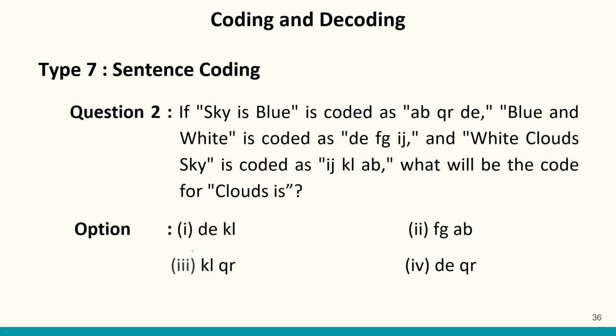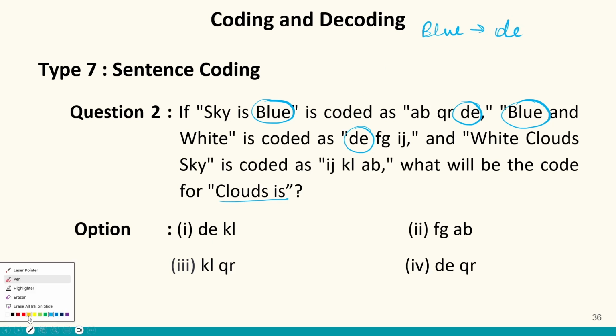Then over here, similarly, sky is blue is coded as this, blue and white is coded as this. We have to find the code for clouds is. So blue is the common word over here and here in these two sentences. This is ABQRDE and this is DEFGIJ. So DE is the only common code. So blue is coded as DE.